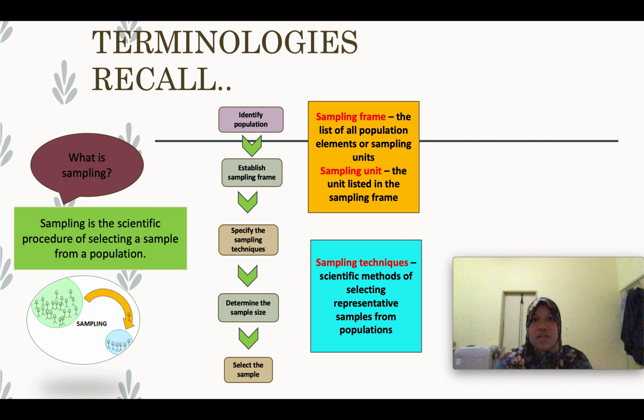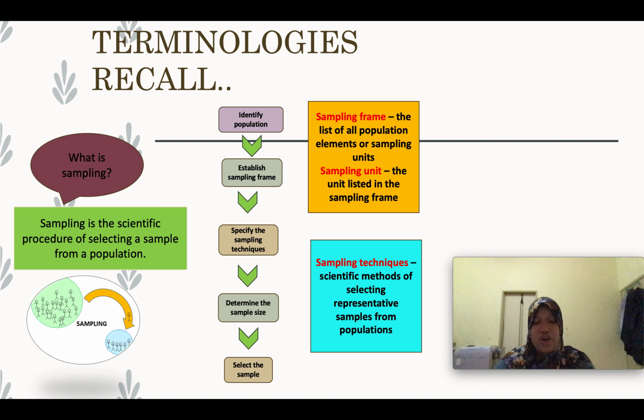For example, if I want to know the sampling frame of your students, I can check from the system, or from the list of attendance. That is my sampling frame, where I can know the list of all my population. Sampling unit is the unit listed in the sampling frame.